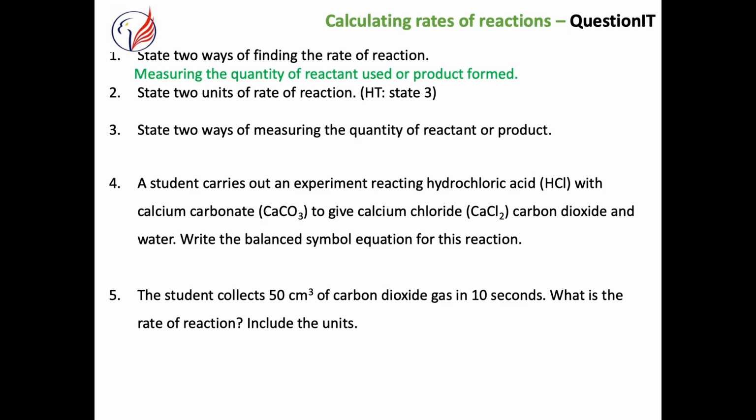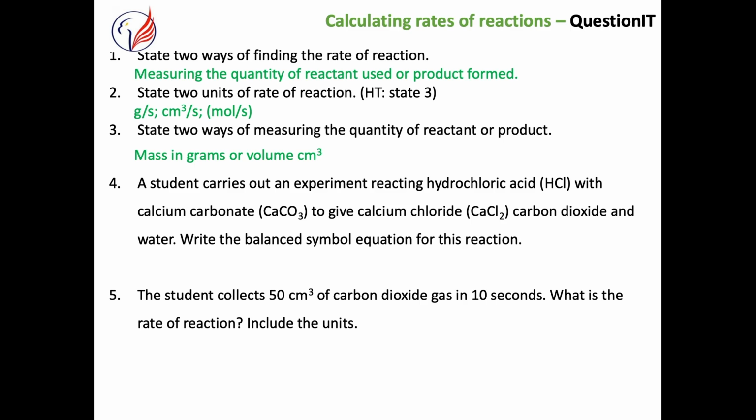The answer is gram per second, centimeter cube per second, and mole per second. Question number 3. State 2 ways of measuring the quantity of reactant or product. The answer is mass in grams and volume in centimeter cubes.